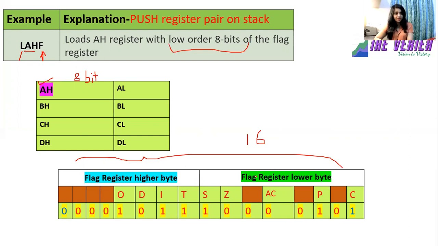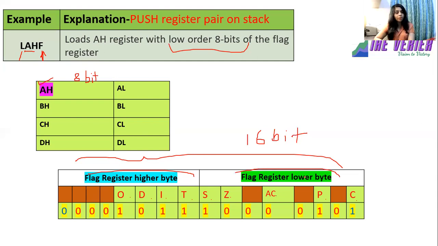Now this is the flag register whose size is 16 bits. Out of this, this is the flag register higher byte and this is the flag register lower byte. The lower byte consists of carry, parity, auxiliary carry, zero and sign flag, and the higher byte consists of trap flag, interrupt flag, direction flag and overflow flag, and these are don't care bits. We have already studied the processor status word, so we are aware.